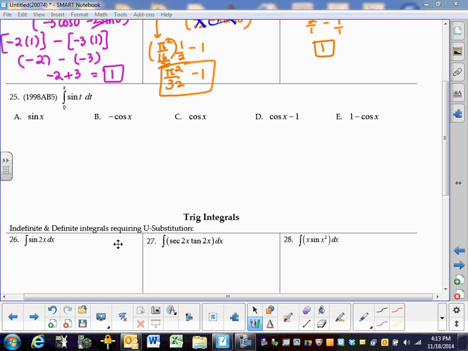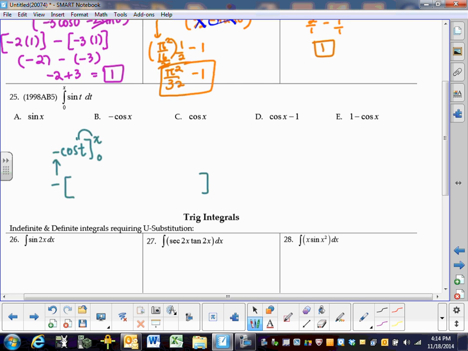Okay, going backwards from sine, we get negative cosine. Remember, we're going backwards, and that's really hard to get used to, especially as quickly as we go through the pace of the course. So going backwards from sine is negative cosine. I'm going to hold that negative. The reason I'm doing that is because it makes it a lot easier for me to not make an arithmetic mistake.